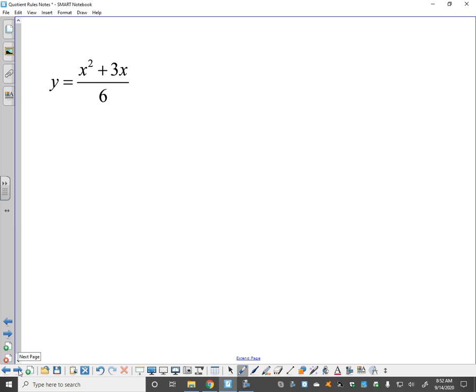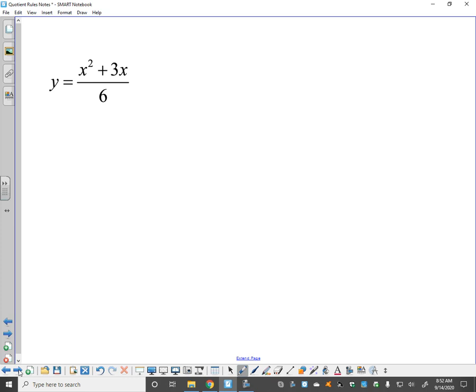Okay, now, some people get to this problem and they'll say, okay, it's quotient rule. Let me go low D high. But remember, when you're dividing by one term, if you pull it apart and simplify each term, then you can just do a power rule, which is so much easier.